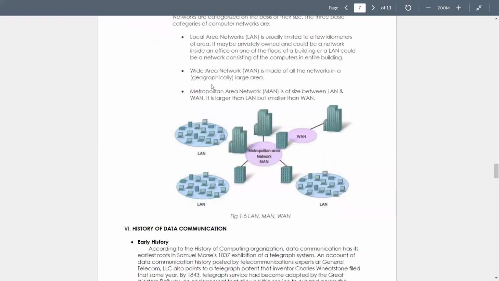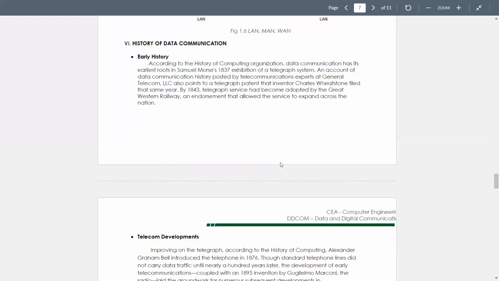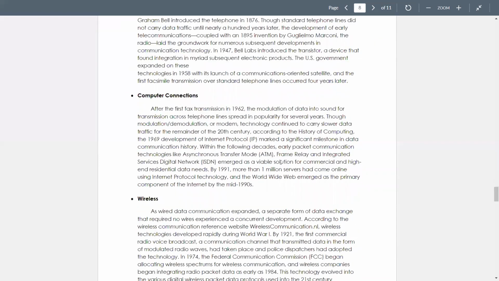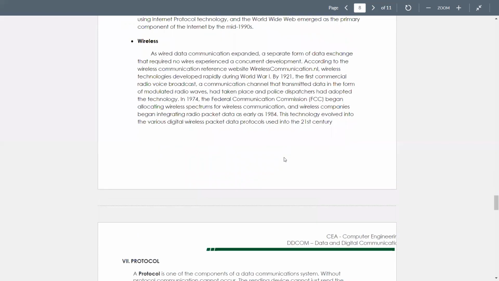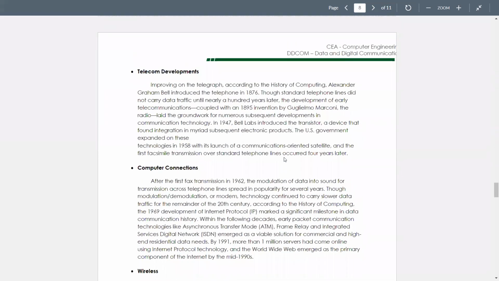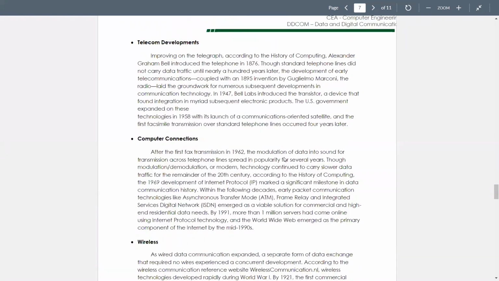I think you have heard about this already, about the different types of communication. Actually, it differs on the number of nodes that are involved in the network. Okay? Early history, telecommunication development, and then computer connection, wireless. So I just want you to read this one so you have an idea how we evolved data communication.